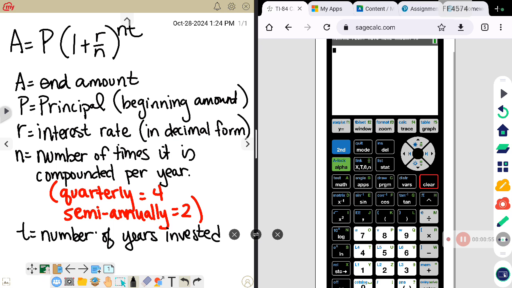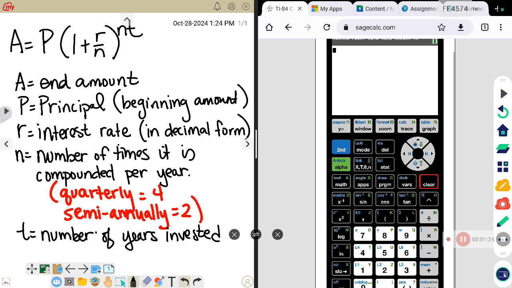The N is going to stand for the number of times it is compounded per year. For example, quarterly would mean it would be compounded 4 times a year, and semi-annually would mean 2 times a year. Then the exponent of the function is n times t. The t is going to be the number of years that it is invested.